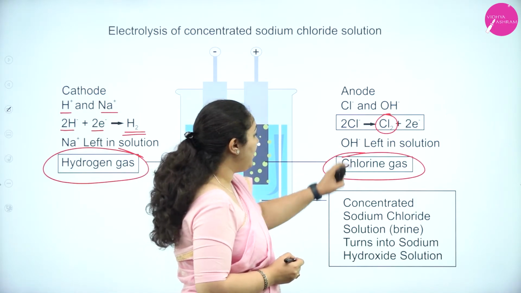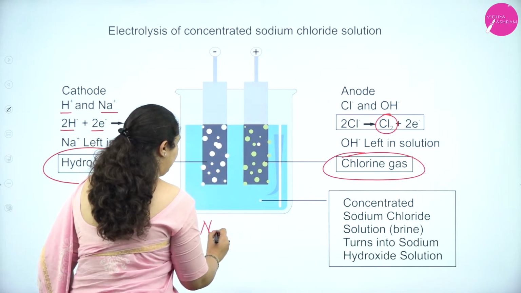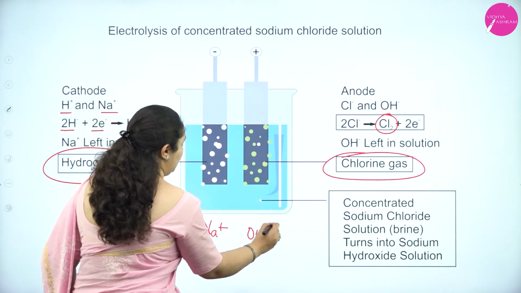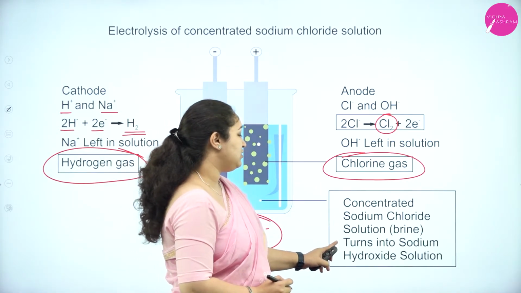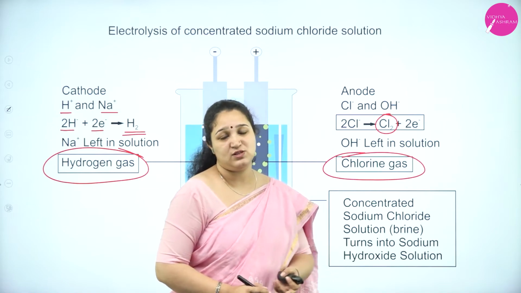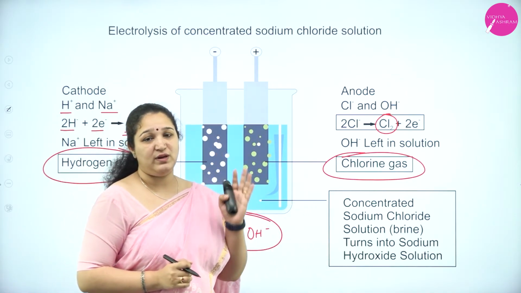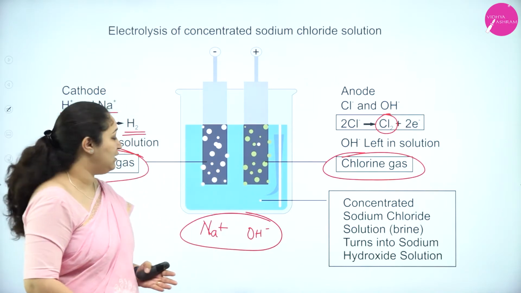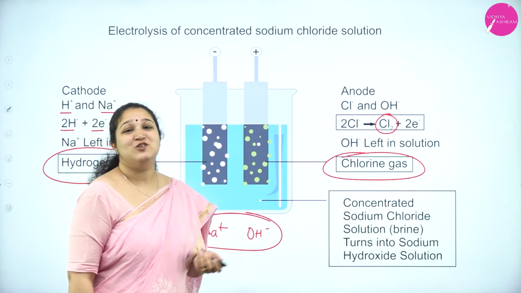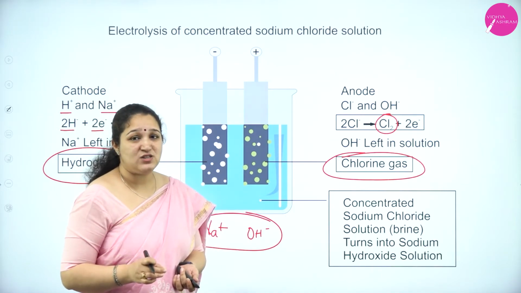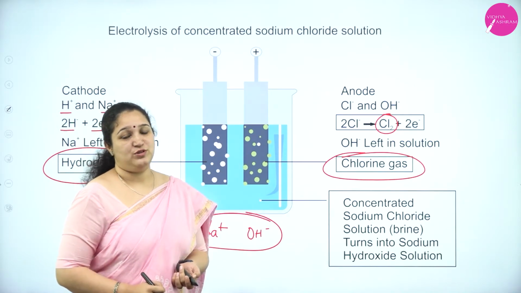And we have OH minus ion and Na plus ion left behind in the solution. Thus, a concentrated sodium chloride solution turns into sodium hydroxide solution, because chlorine is liberated, hydrogen is liberated, and what remains in the solution is Na plus and OH minus. So, that's about the electrolysis of the concentrated NaCl solution.